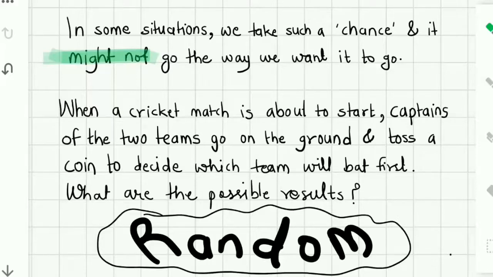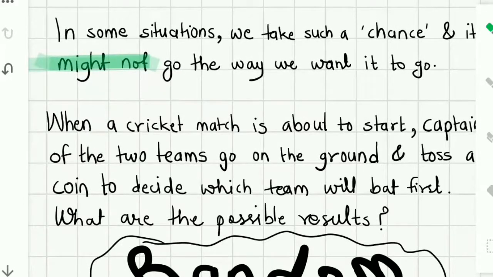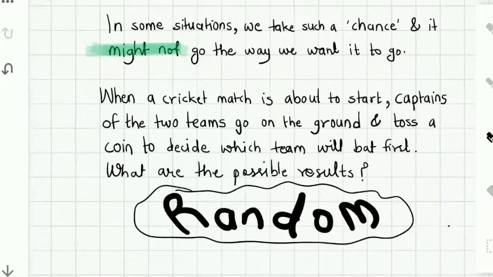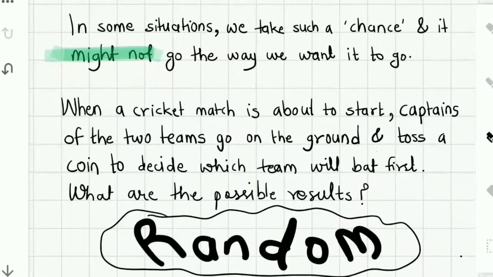So what are the possible results in this particular experiment? In this experiment, possible results are either the coin will show heads or tails. So such an experiment where there is a fixed number of outcomes is called a random experiment.